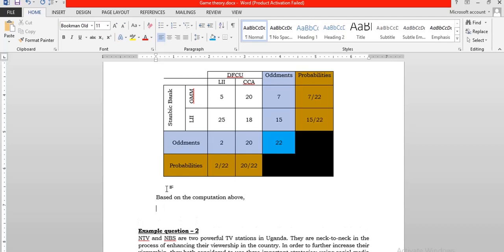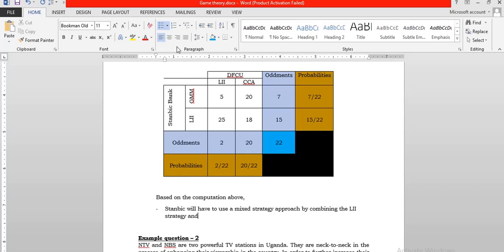One, Stanbic Bank will have to use a mixed strategy approach by combining the LII strategy and the GMM strategy.